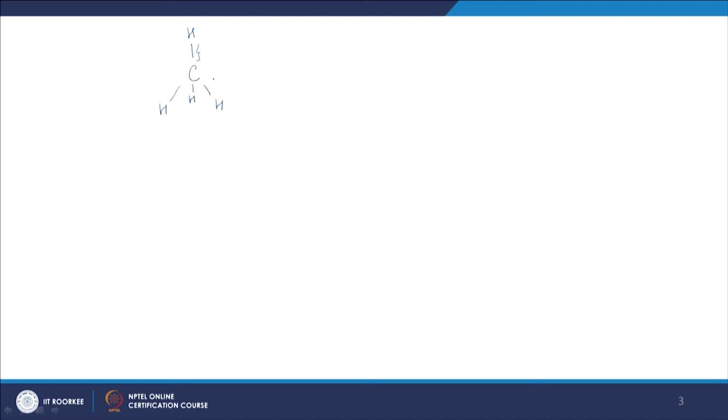Of course, this entire molecule can rotate as a whole, it can translate as a whole, but in terms of internal motion, that is very few. For example, there are the carbon-hydrogen bonds, and there are 4 such bonds, but their bond lengths are more or less fixed.